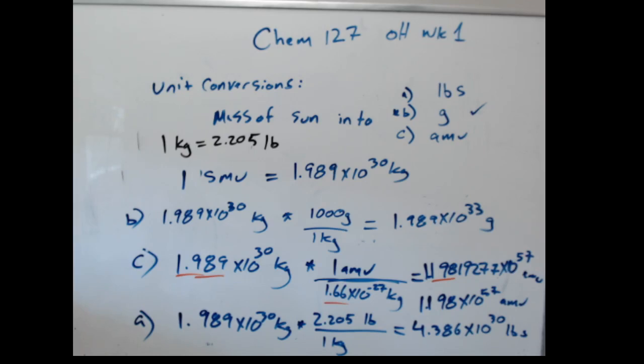That's a really weird number to get. Let me just double check that again. Yeah, it's 1.19819. So it ends up looking really similar if you miss that first one, which is what my brain did.